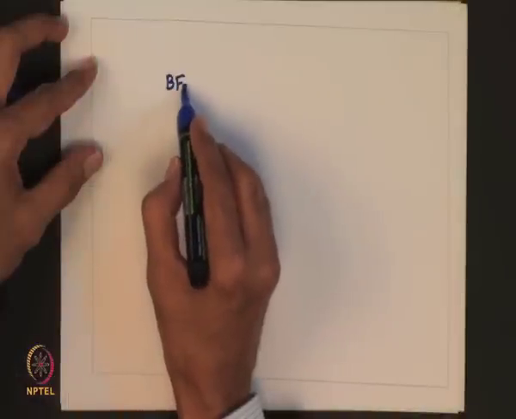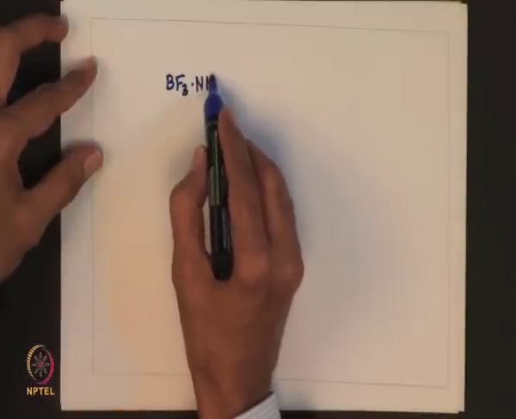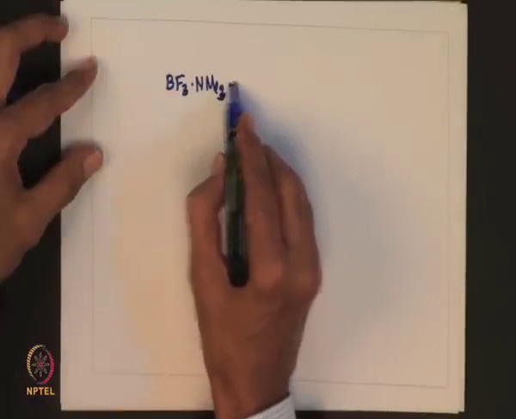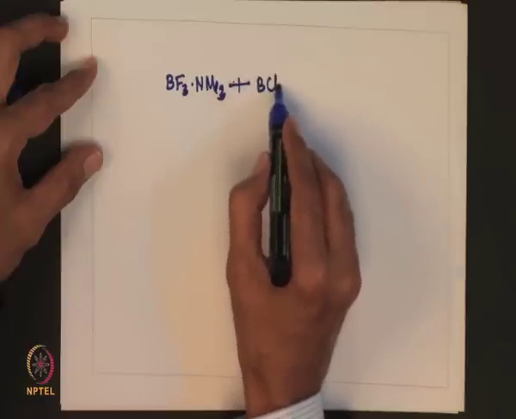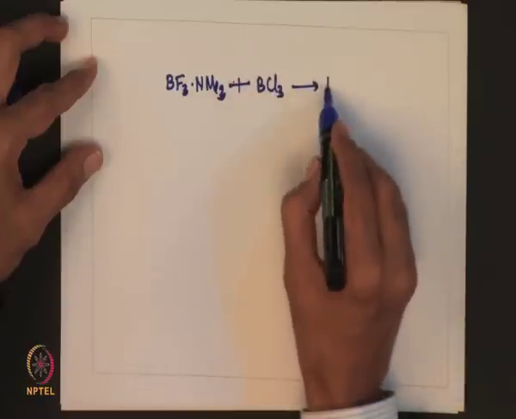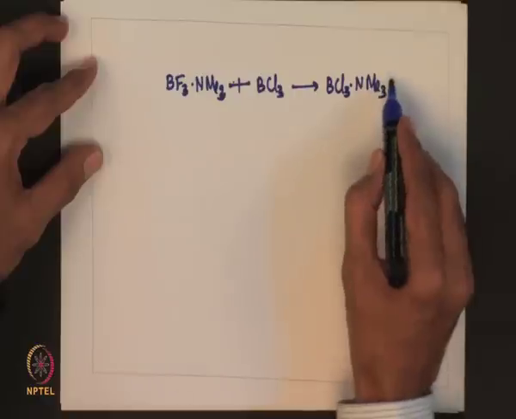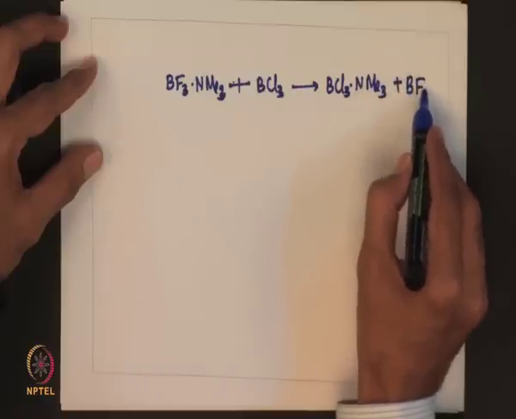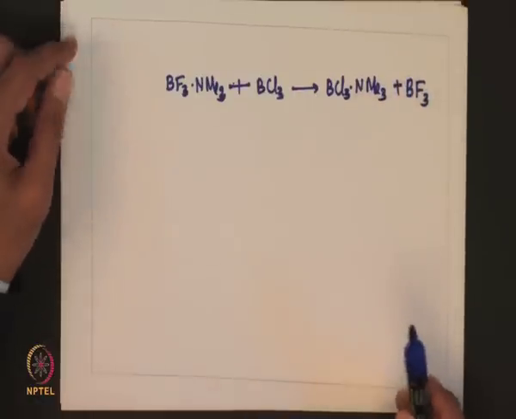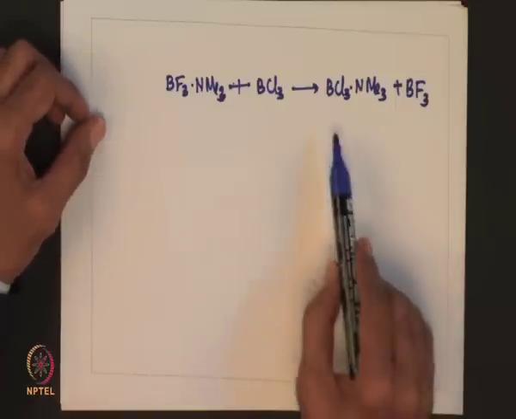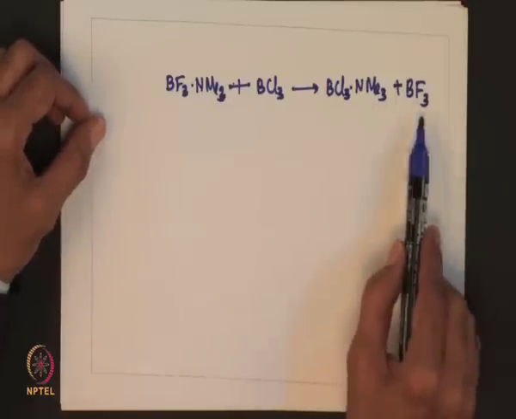In the first equation, BCl3 replaces BF3. So, here BCl3 replaces BF3 from the adduct to form the BCl3·NMe3 adduct, and BF3 comes out.